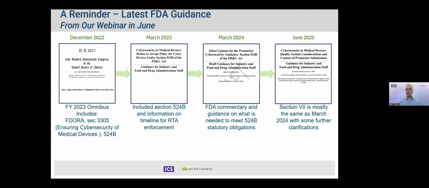Basically, this is just weaving 524B into the guidance more concretely within the actual document itself. So if you've been paying attention to the progression, the last one wasn't all that substantial, but it sort of cemented some ideas around the source of the regulation.